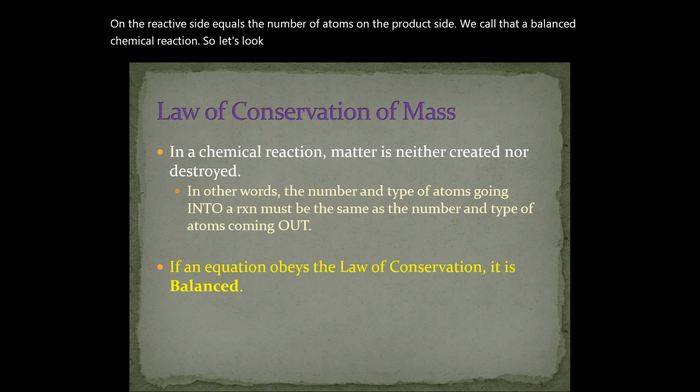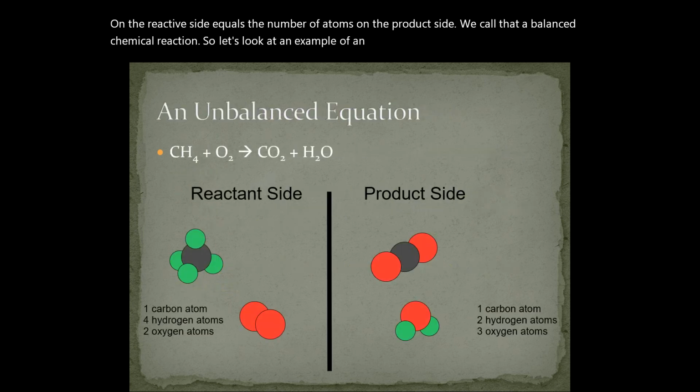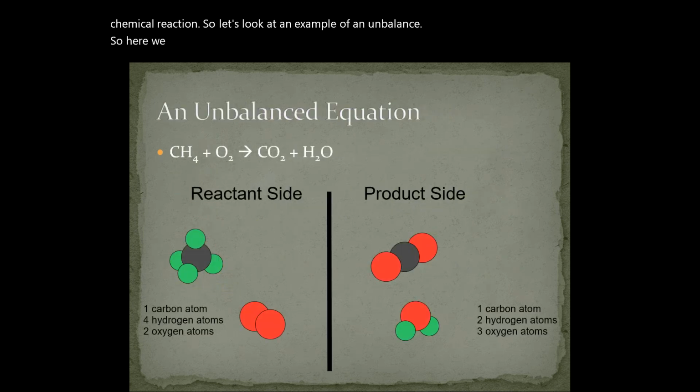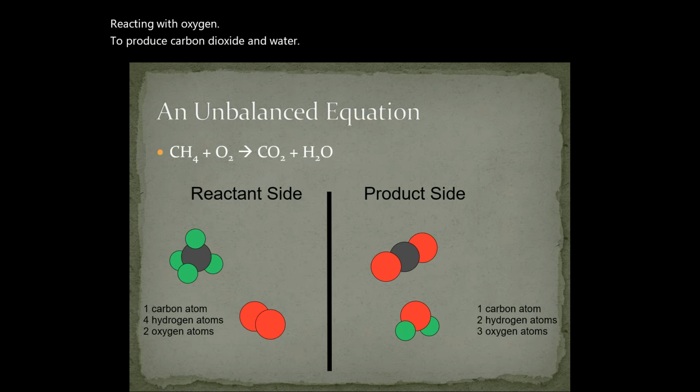So let's look at an example of an unbalanced equation. Here we have methane, CH4, reacting with oxygen to produce carbon dioxide and water. When we start, we have one methane and one oxygen.